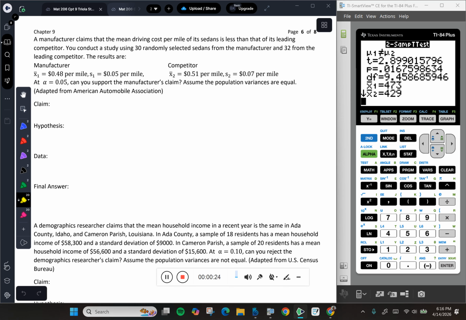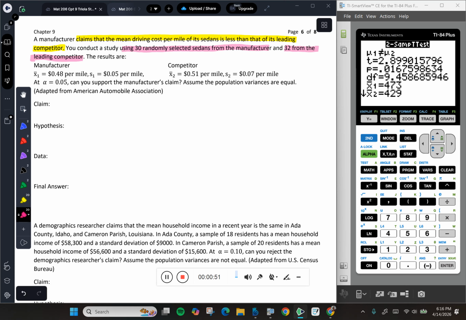A manufacturer claims that the mean driving cost per mile of its sedans is less than that of its leading competitor. So there's our claim. The manufacturer is claiming that our car is cheaper to drive. We're going to conduct a study to test this using 30 randomly selected sedans from the manufacturer and 32 from the competitor.